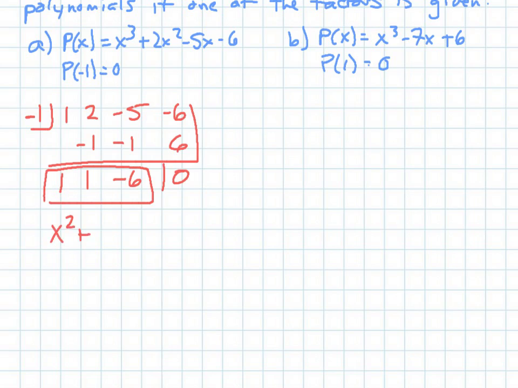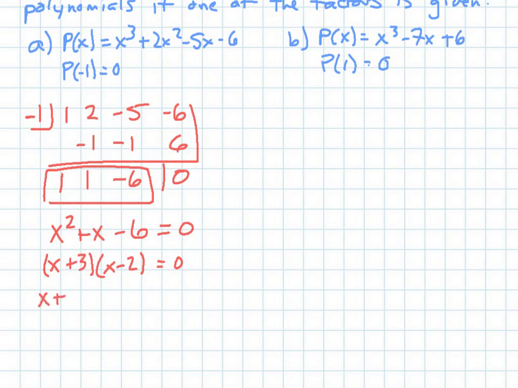And now I want to rewrite this polynomial. So you get x squared plus x minus 6. Now I want to factor this or solve it in any way I possibly can, so I set this equal to 0. Since this is a trinomial, I can factor it, and it looks like it does factor. If I split up the x's, factors of 6 that subtract to get me a positive 1 would be a positive 3 and a negative 2.